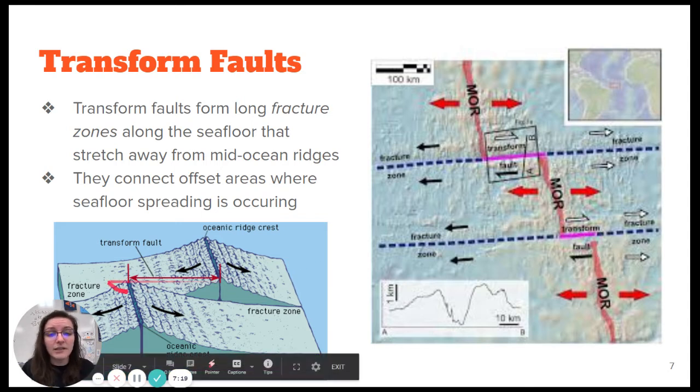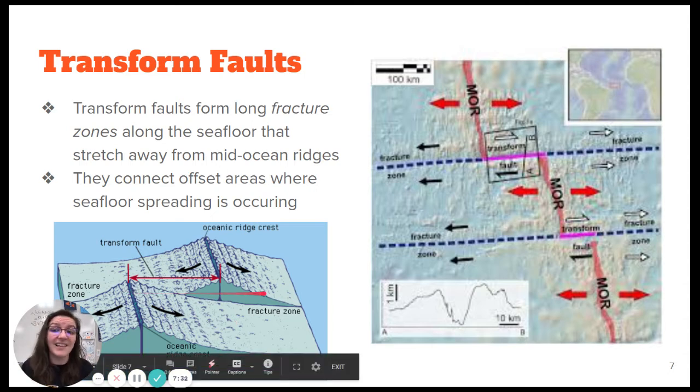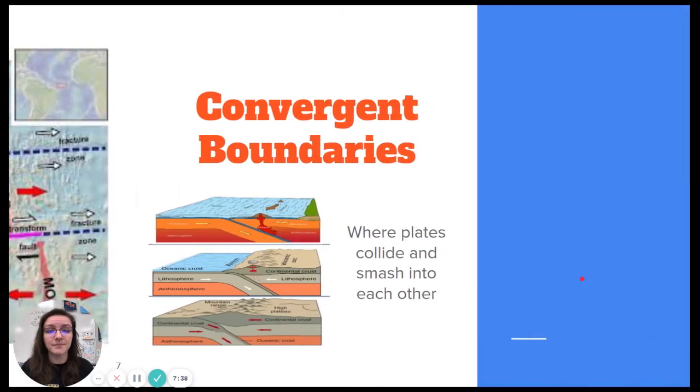So you'll get a little transform fault in between these divergent boundaries. Most of the mid-Atlantic ridge is a divergent boundary where the ocean is spreading, but it's got a lot of transform faults in between these sections of seafloor spreading.